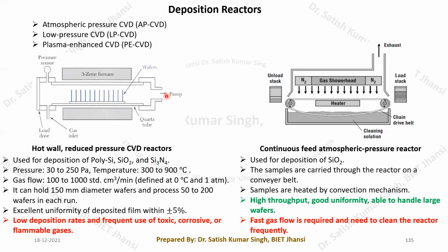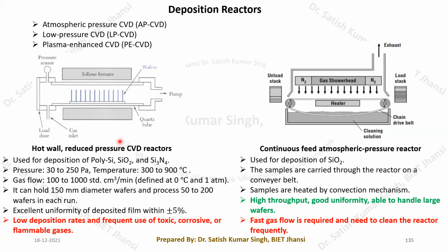The gases or the reactant products that will be available within the chamber will be pumped out from this particular site. So this way we have this chamber, and then we perform the deposition of our different layers.